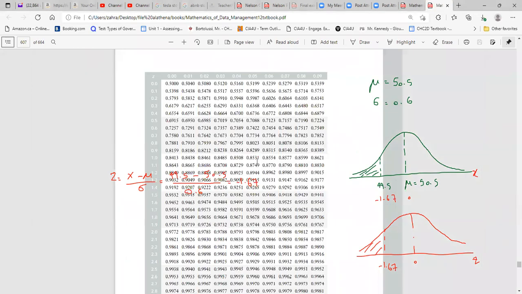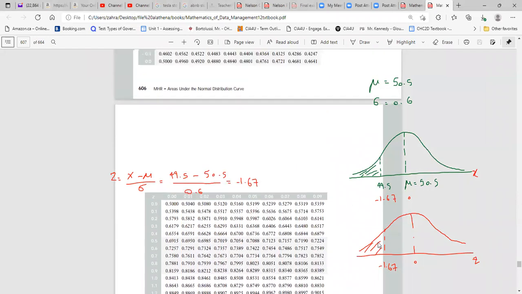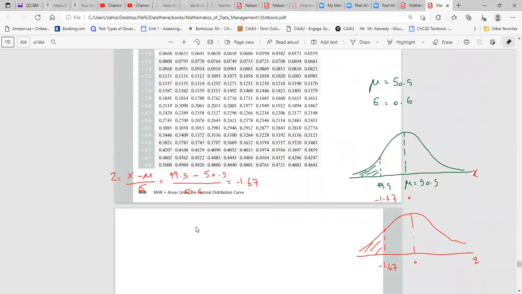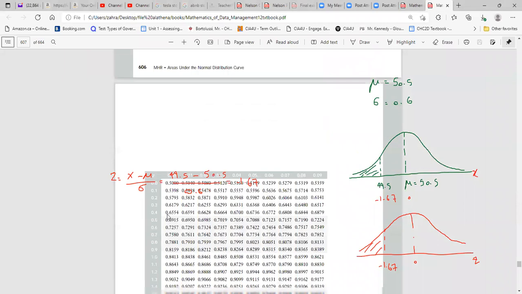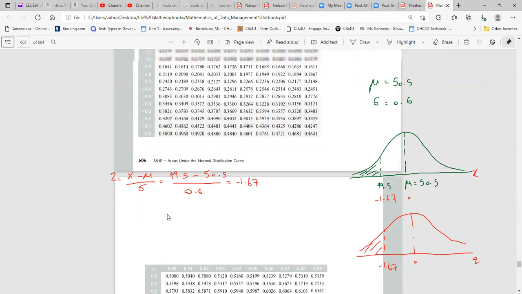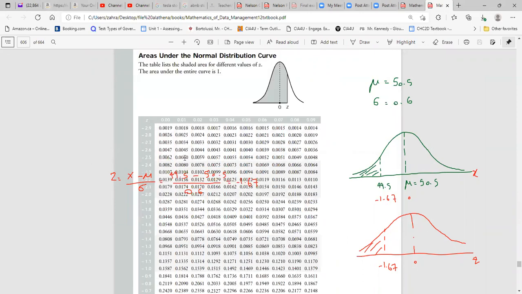This is the table you have. The z score is negative 1.67. First of all, these two pages in the appendix, pages 606 and 607, contain this data, the z scores. When you use it, make sure you know it gives you the area for a number.